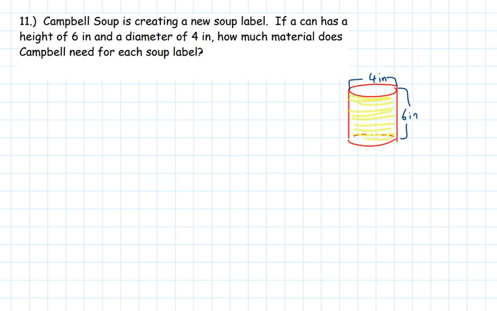We're looking for just how much paper you're going to need to wrap the lateral side, or the sides if you're standing a can, or the curved side. So the surface area we knew from before is 2 times pi times r squared plus 2 times pi times r times h.